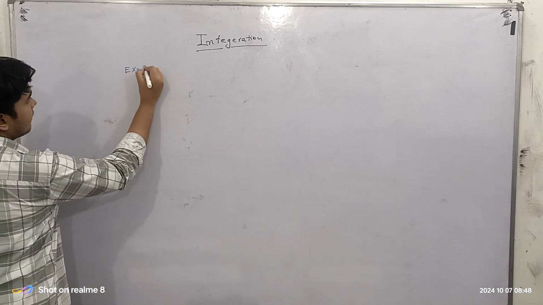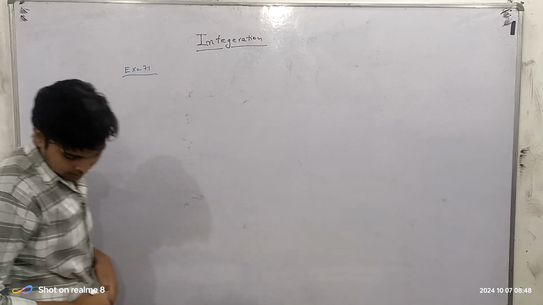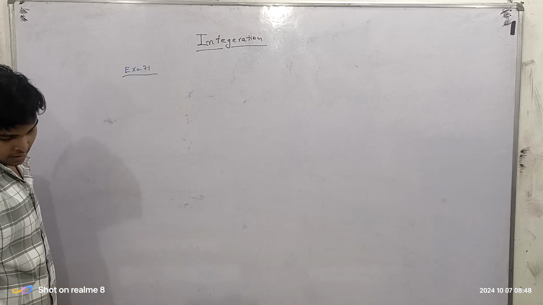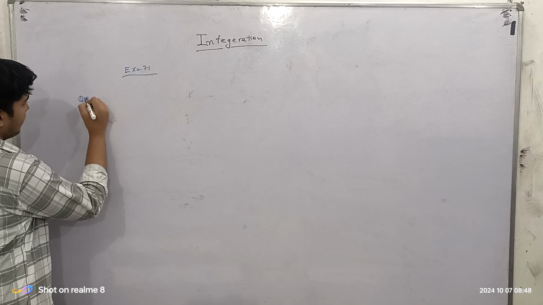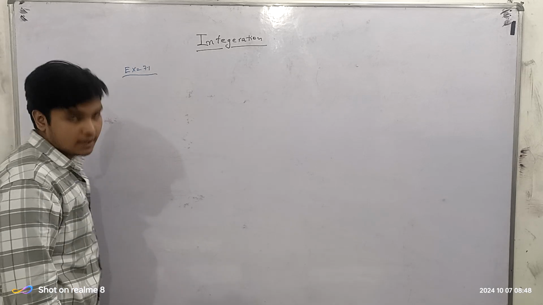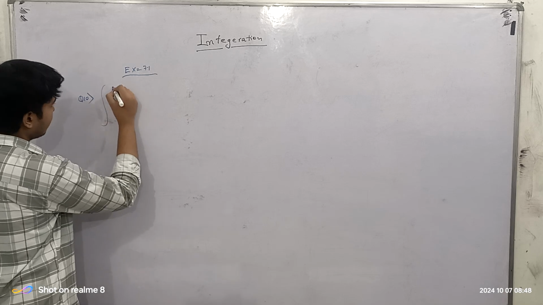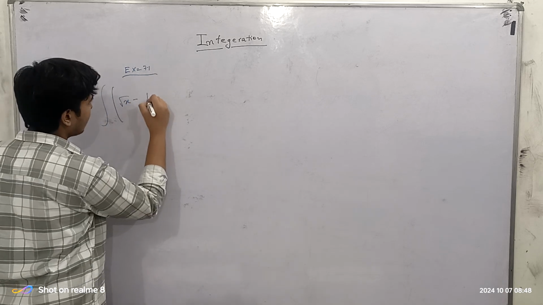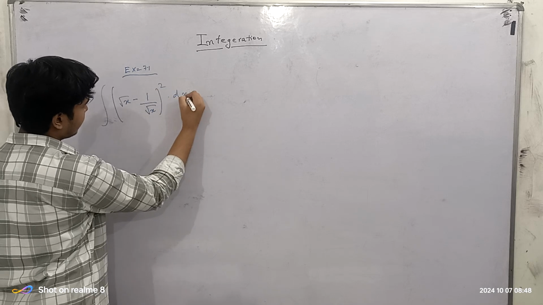Exercise 7.1. First, we will discuss question number 10. This question will come in the exam. It is an important question: integration of (square root of x minus 1 by square root of x) whole square dx.